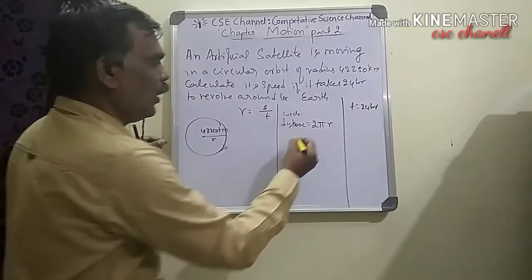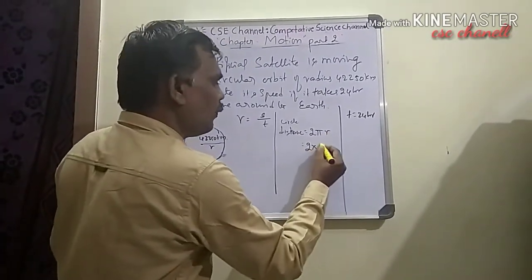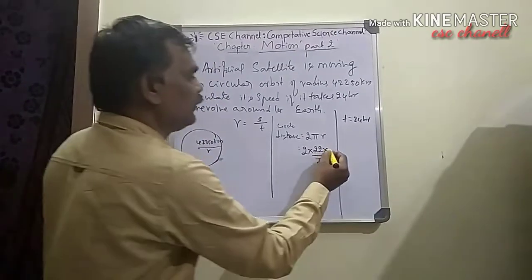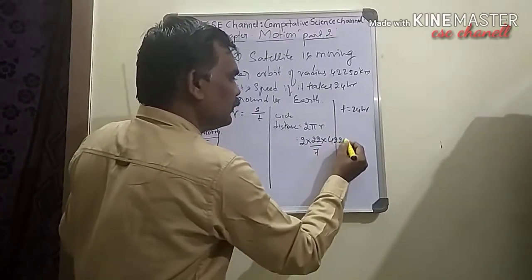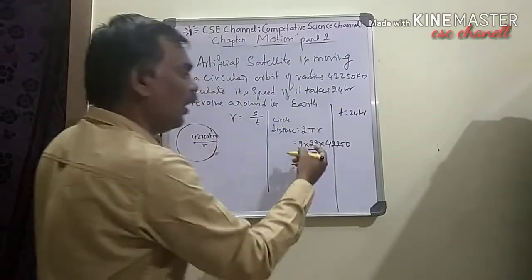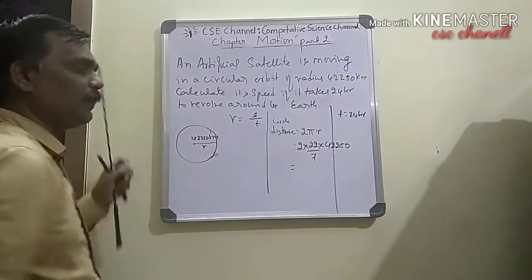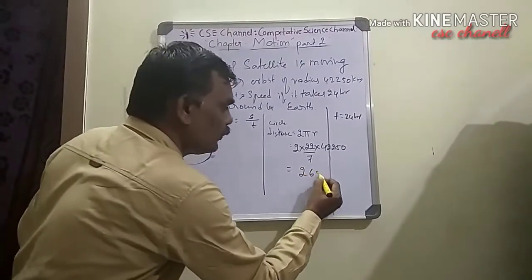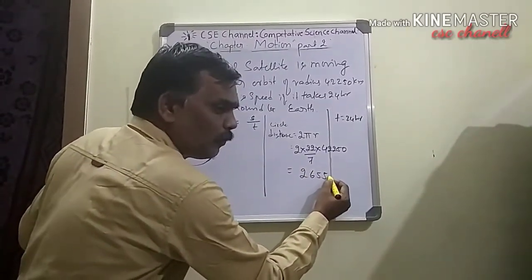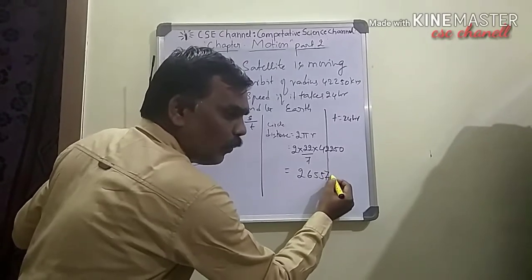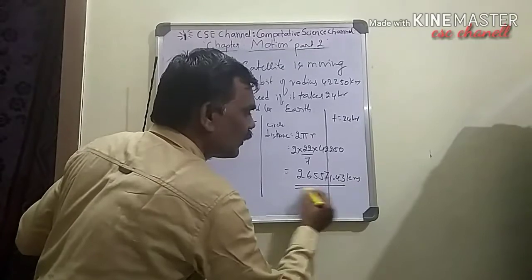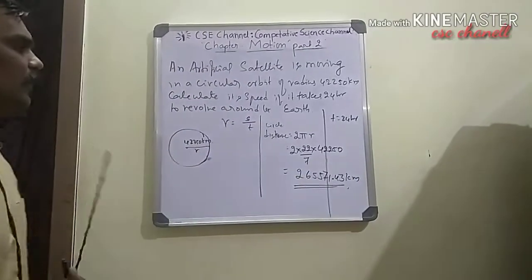Now 2 into pi, 22 by 7, into r, that is 42,250, where 22 by 7 we calculated is 3.14. The answer is 265571.43 kilometer. This is an approximate value.